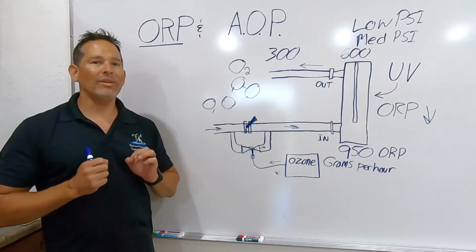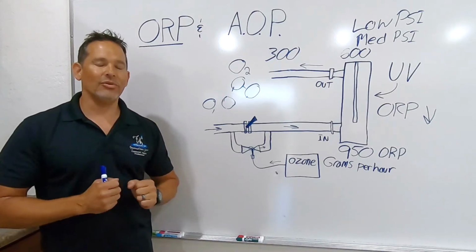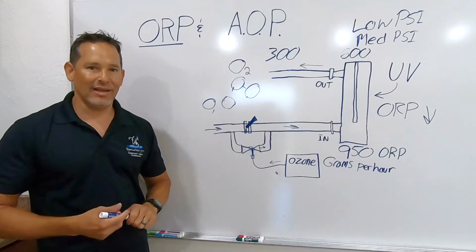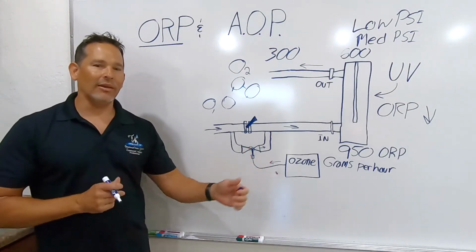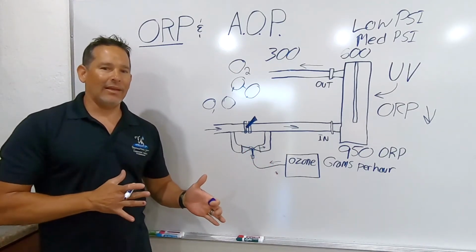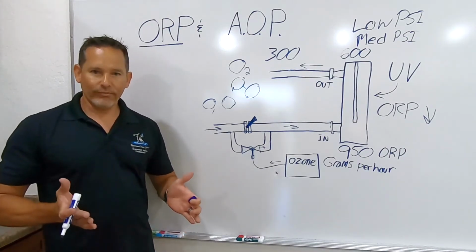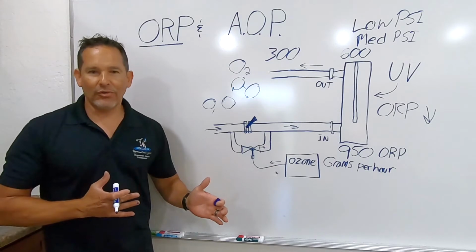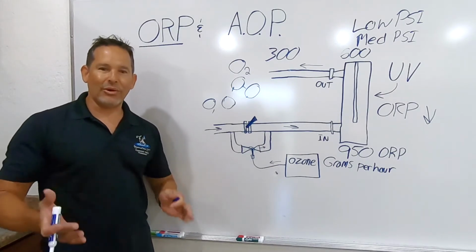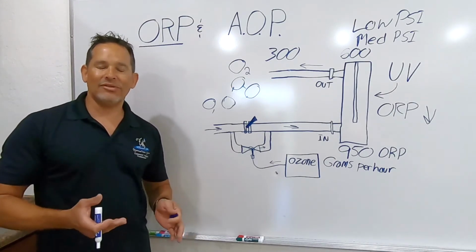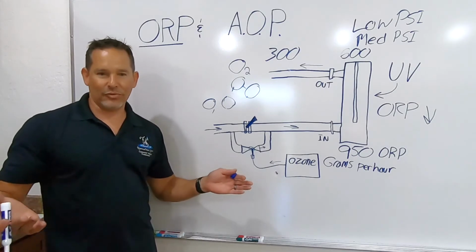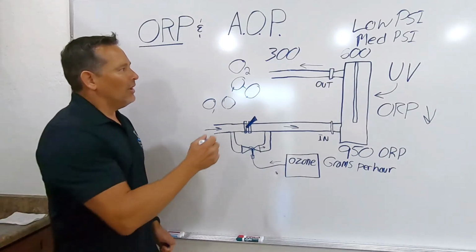Because you have no residual left in the water to do any type of disinfecting and oxidizing. Think about going back again. We want to try and maintain an ORP level of 650 or higher. Why is that? Because we already know that science shows that if you're at 650 or higher, it's going to kill bacteria and viruses very quickly, as fast as 30 seconds.